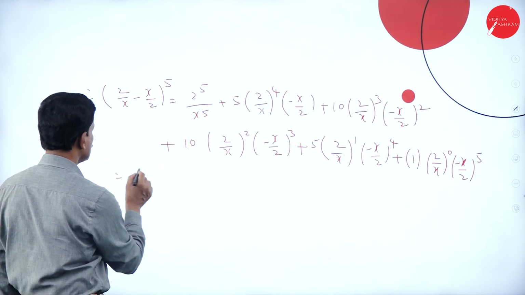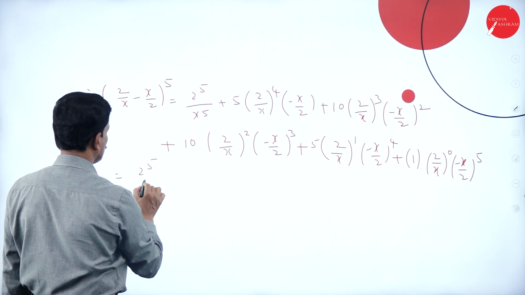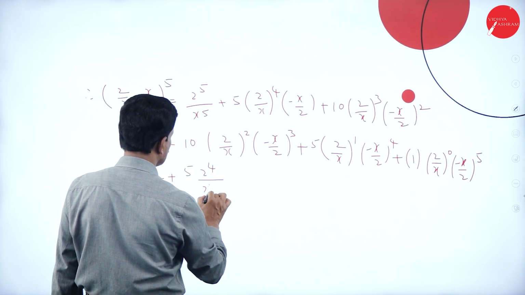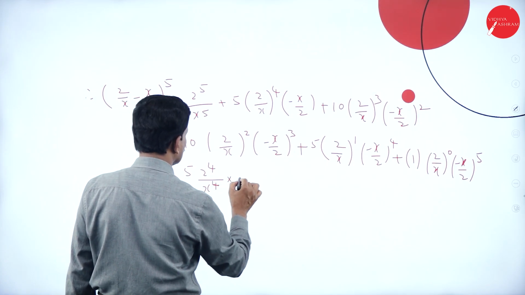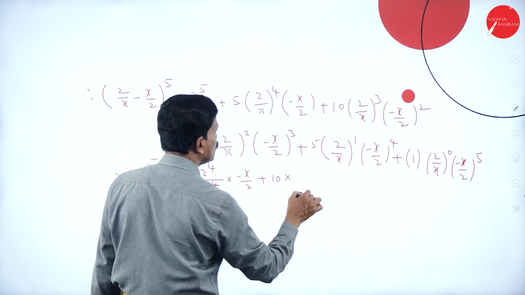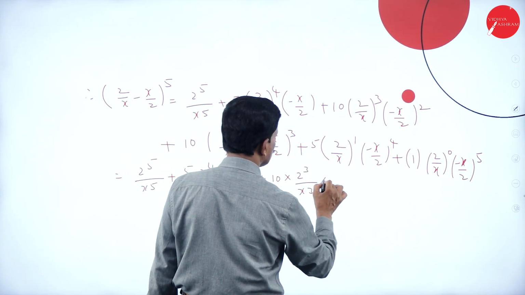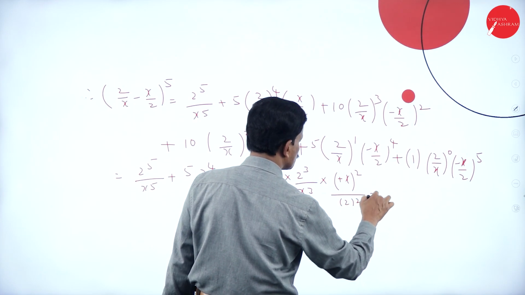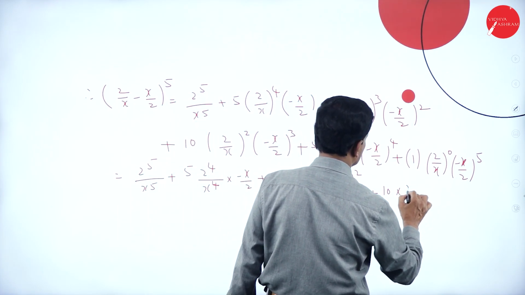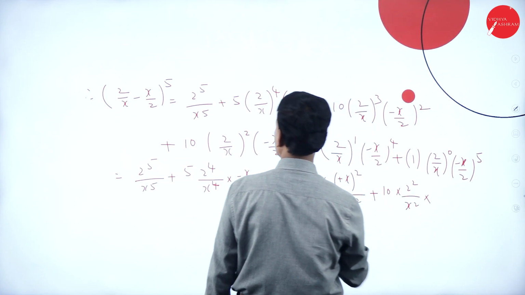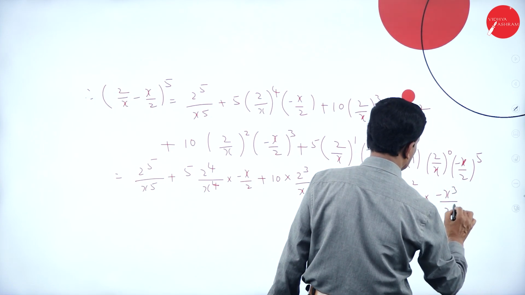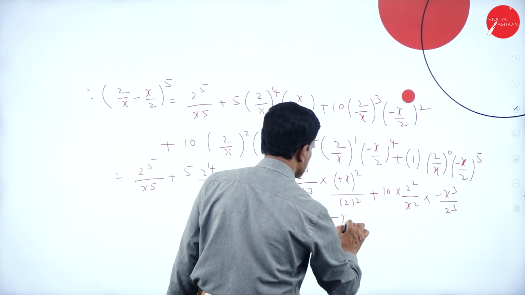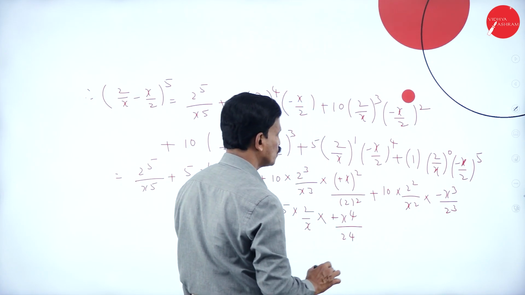That's it. If you simplify this: 2 to the power of 5 by x raised to 5, plus 5 into 2 to the power of 4 by x to the power of 4 into minus x by 2, plus 10 into 2 cube by x cube into x square divided by 2 square, plus 10 into 2 square by x square into minus x cube divided by 2 cube, plus 5 into 2 by x into x raised to 4 divided by 2 to the power of 4.